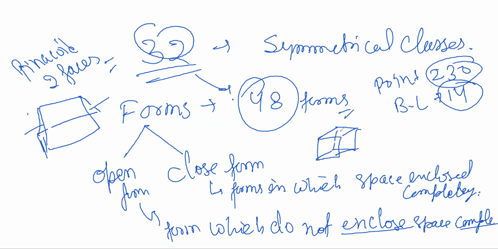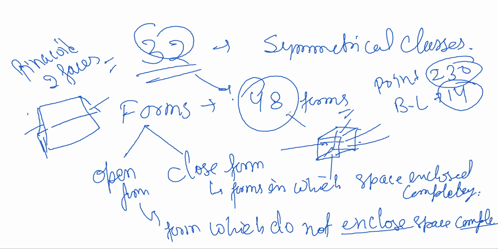So there is an upper face, down face, left face, right face, back face, front face. So they all are closed because they have formed a configuration of closed faces, right? So in this way, they become the closed form.